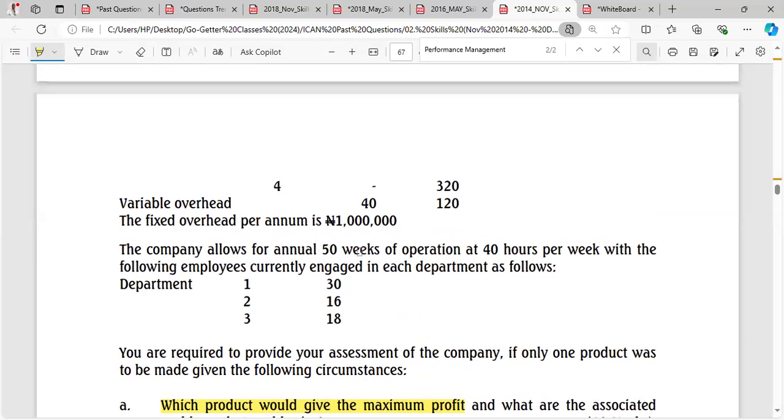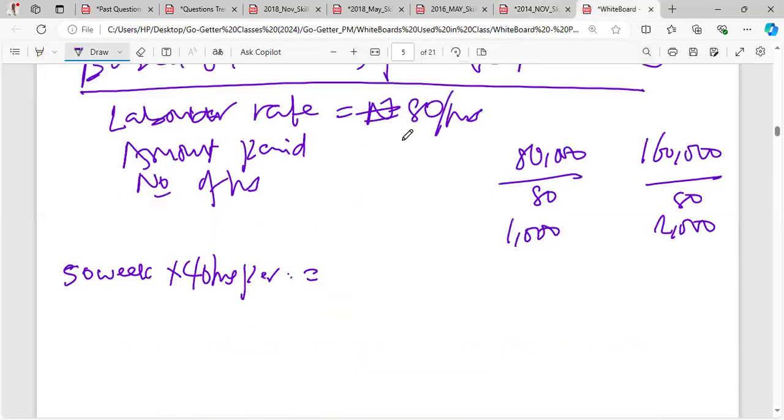In Department 2, we have 16 people currently engaged. So if one person were to work for 50 weeks, 40 hours per week, this is already 2,000.